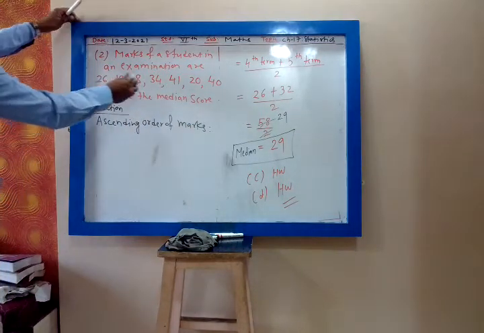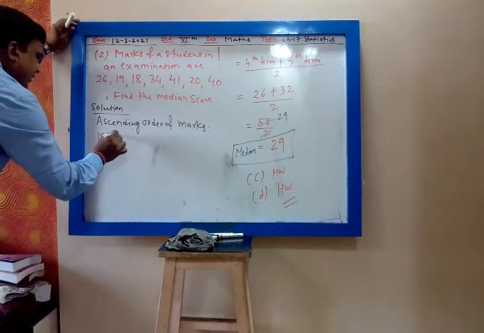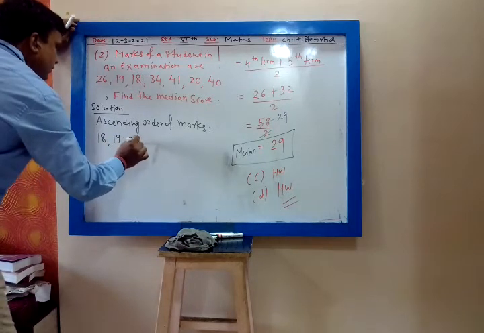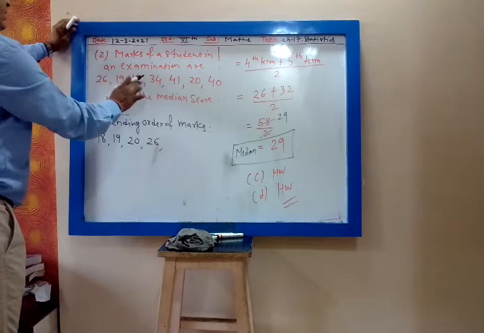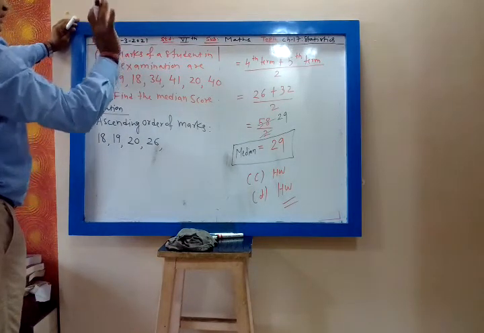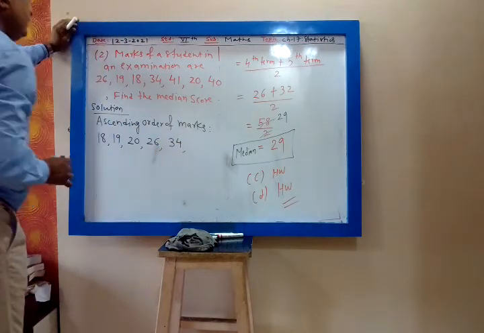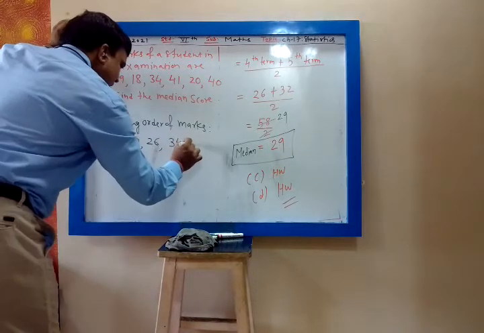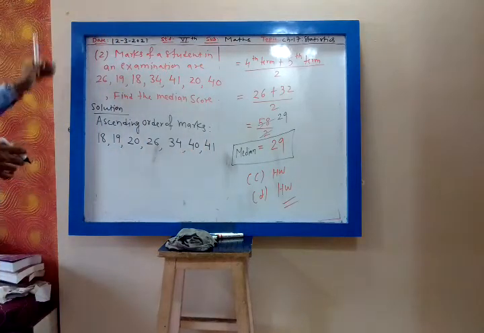Ascending order is 18, 19, 20, 26, 34, 40 and 41. We have arranged the marks in ascending order.